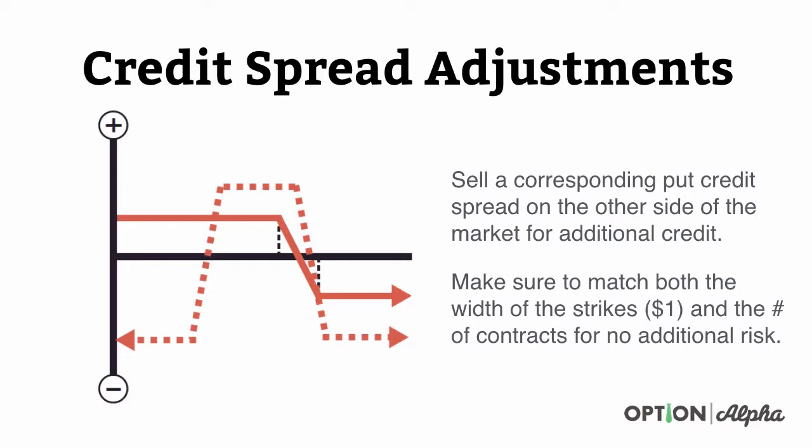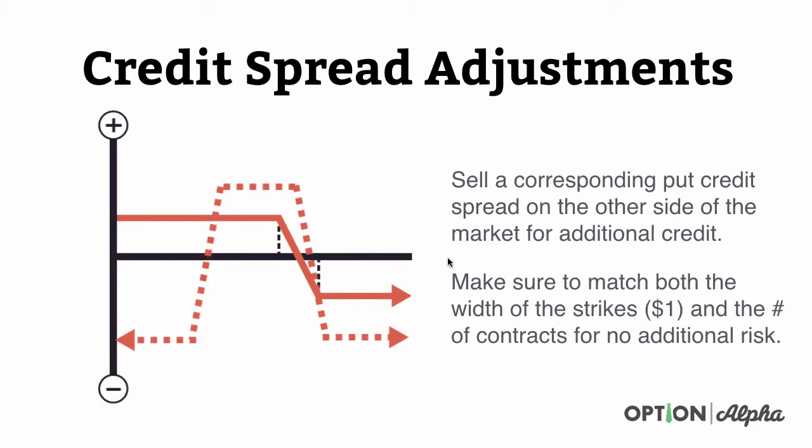So again, you're going to take that original call spread side. You're not going to touch that call spread side, but you're going to add a put credit spread down below the market to turn this into an iron condor. Now, if you sold a $1 wide call spread and you did 3 of them, you would sell another $1 wide put spread and you would do 3 of them. So you make everything exactly the same.